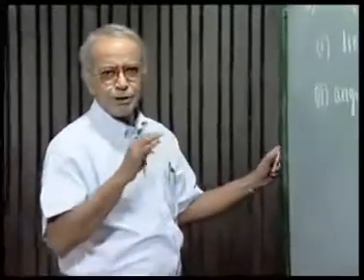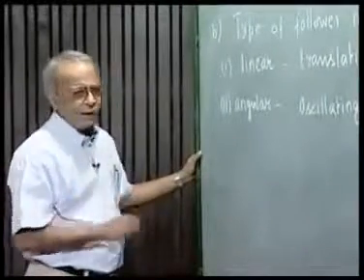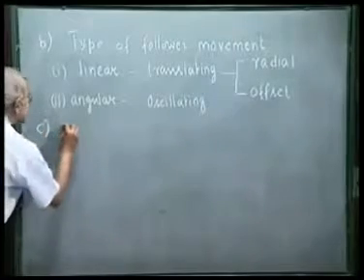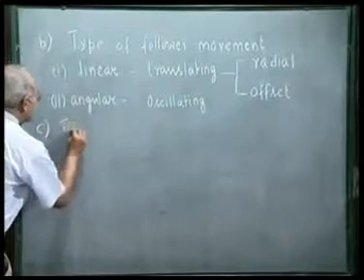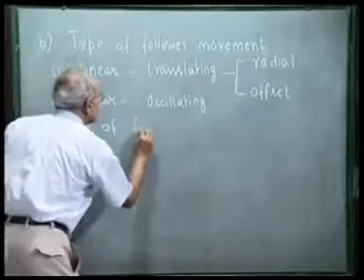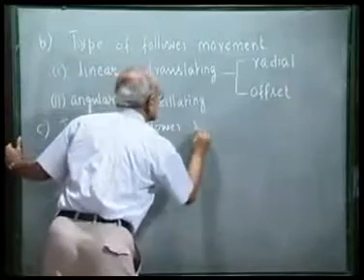The third classification of cam follower system is based on the nature or shape of the follower surface, the contact surface between the follower and the cam, what kind of surface the follower has at the contact. So this is based on type of follower surface.